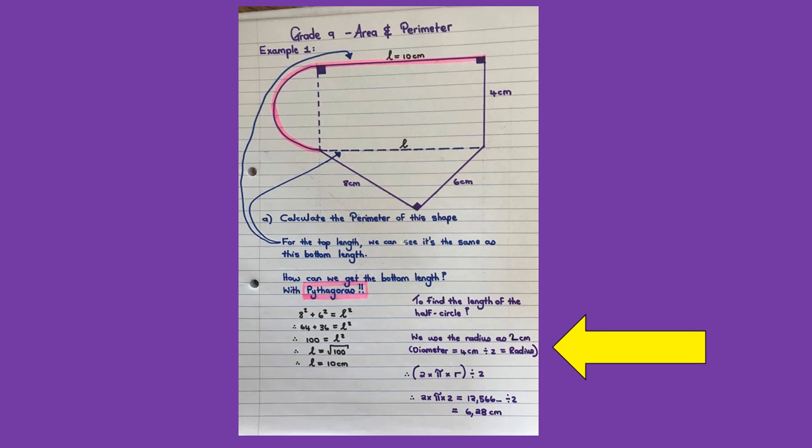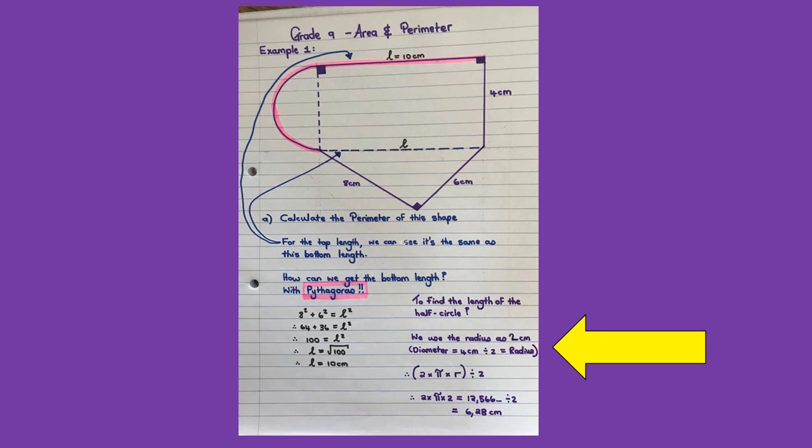Okay, so you're going to pop it into your formula. 2 times pi times 2 gives you your answer. And then I just split that into 2, or halve it. I divide it by 2 because it is a semicircle. And then you get your answer: 6.28 centimeters. All right, so now do we have all the lengths of the outer side of this shape?